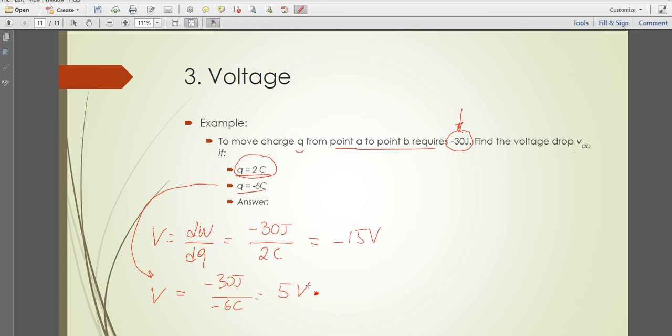I urge you please to do more exercises on this. Doctor, if they give us a function of energy with respect to charge, do we derive it to get the voltage drop? Yes, of course. Same as the exercise above, the one we did for the current or the charge.